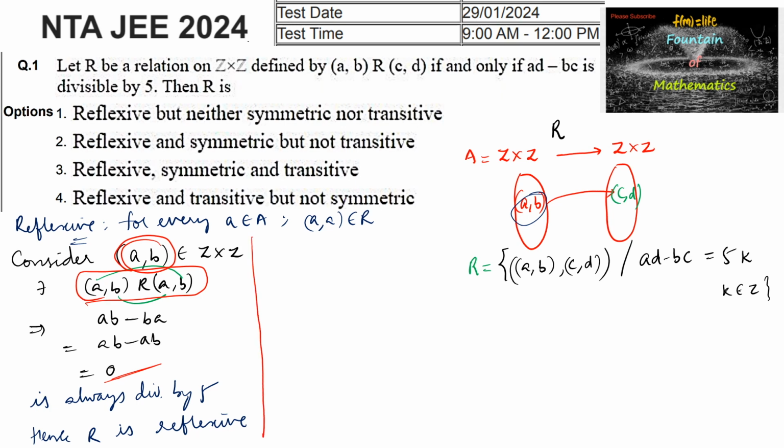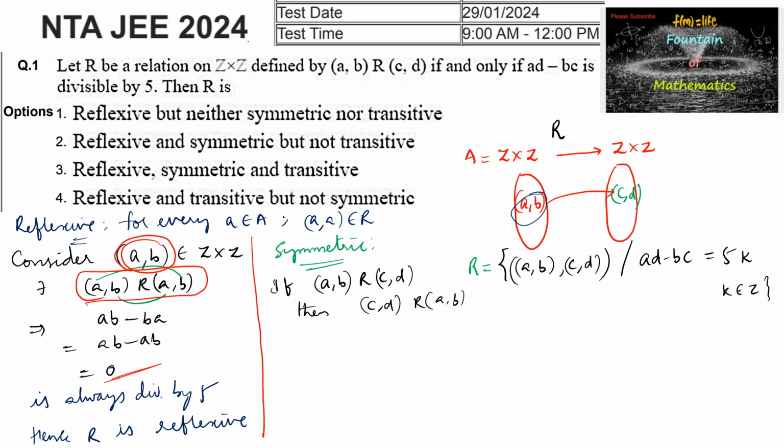Now for symmetric. The symmetric definition says that if (a,b) is related to (c,d), then (c,d) must be related to (a,b).